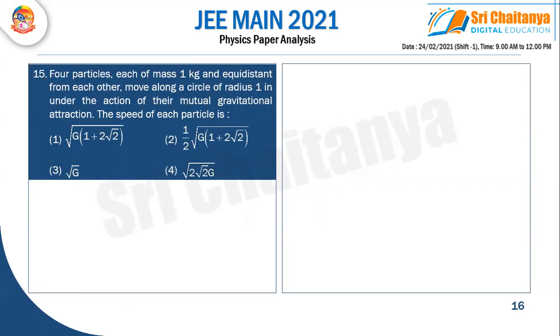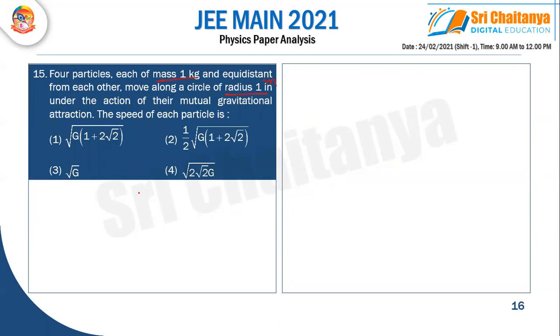Now, four particles each of mass 1 kg and equidistant from each other move along a circle of radius, now this should be radius 1 meter, under the action of their mutual gravitational attraction. Find the speed of each particle. Mass is given as 1 kg and the radius is 1 meter.